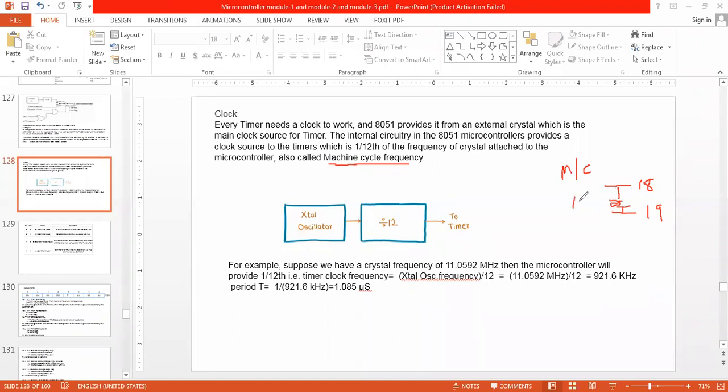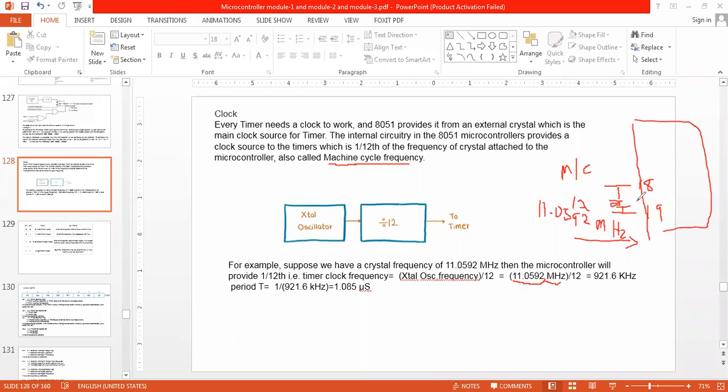Say for example 12 megahertz, it is not 12 megahertz but exactly 11.0592 megahertz. Exactly how much is this crystal oscillator generating? 11.0592 megahertz. So this is the input frequency for the microcontroller.